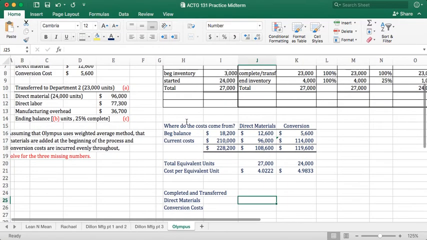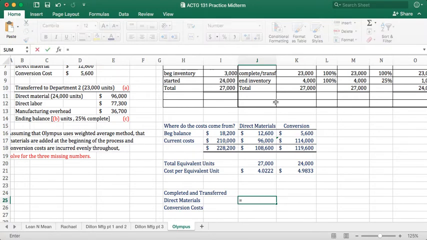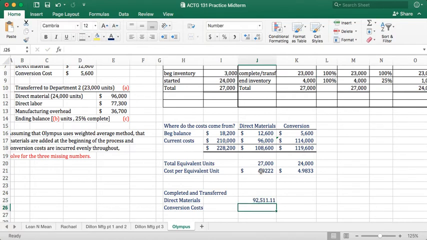Now remember, completed and transferred were 23,000. So for direct materials, we're going to take the 23,000 and multiply it by the 4.0222. So 92,511.11. We can round this here.